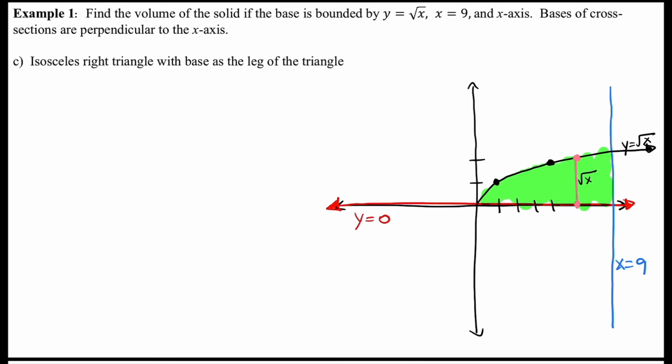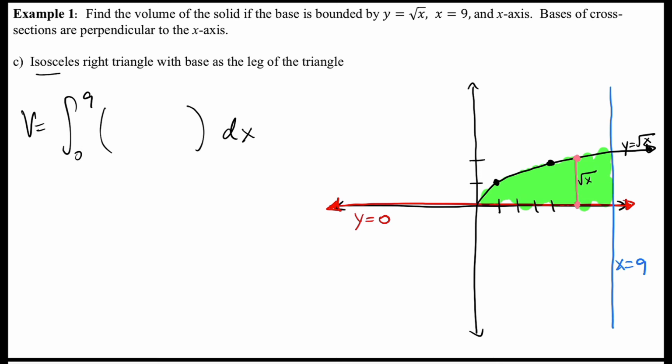Square root x, x equals 9, x-axis, perpendicular to the x-axis. So it's going to be dx, right? We know volume equals an integral with the same bounds. Now the shape is different.